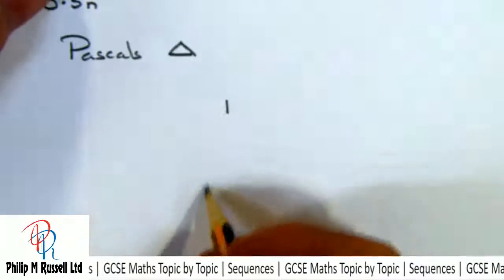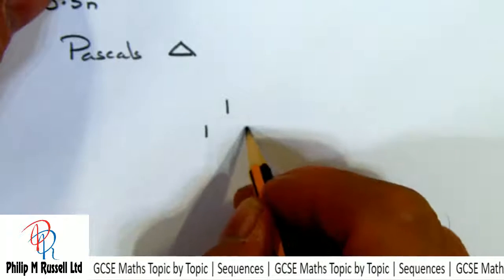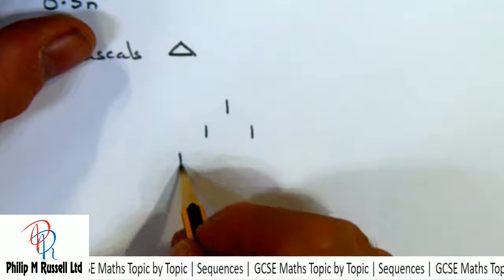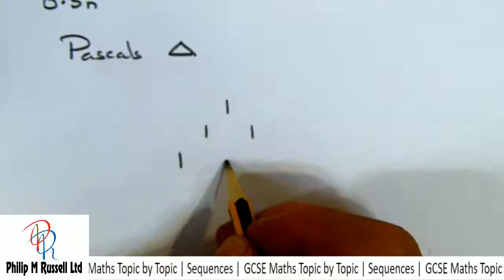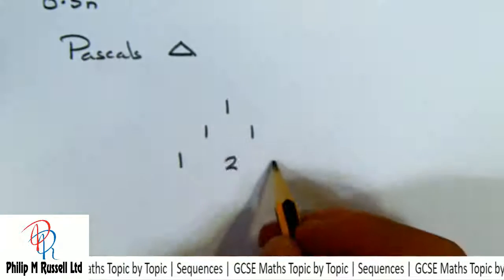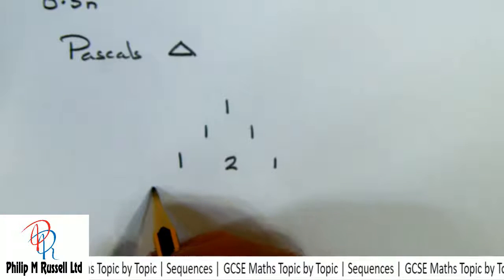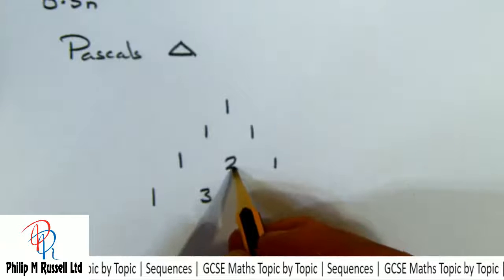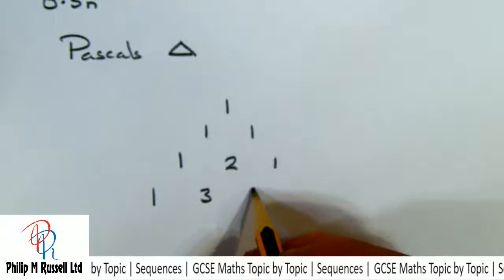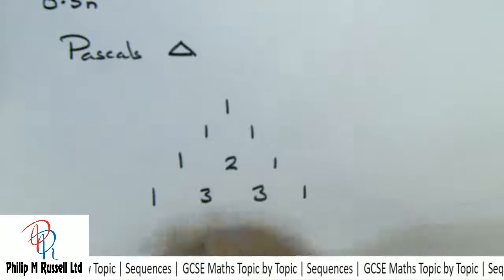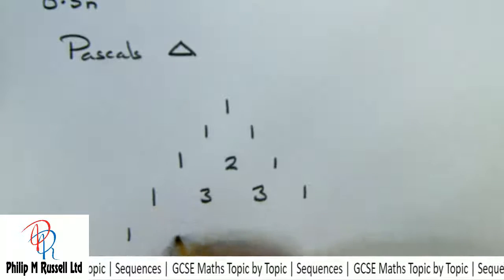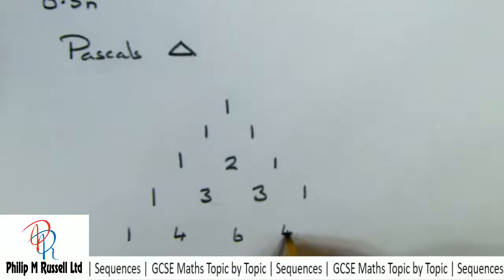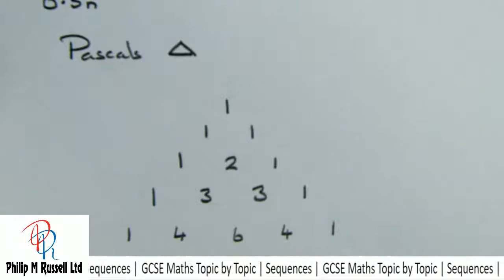We start off with the number 1, and under that I'm going to put 2 ones. I'm now going to sum up the numbers, so I'm going to put down a number 1, 1 and 1 make 2, and 1. And 1 and 2 make 3, and 2 and 1 make 3, 1. 1, 4, 6, 4, 1.